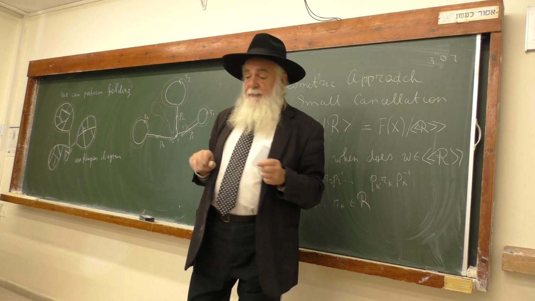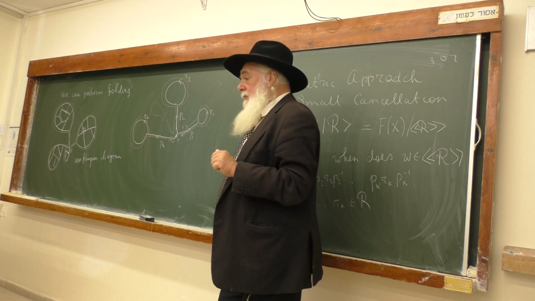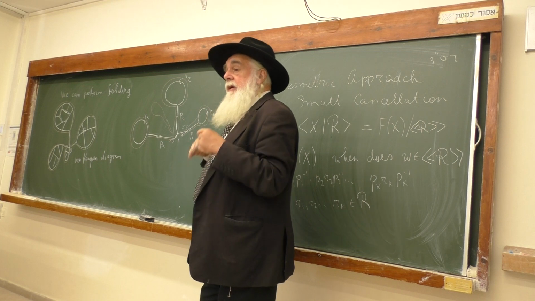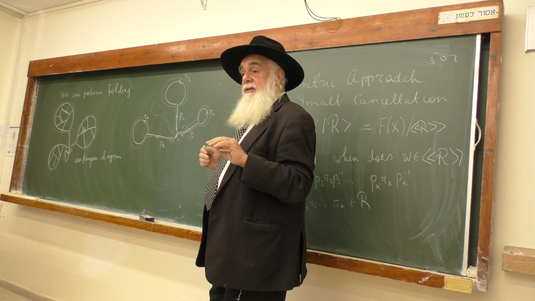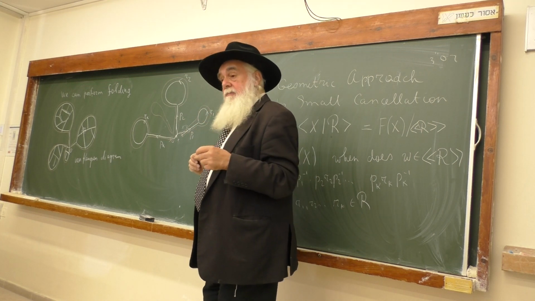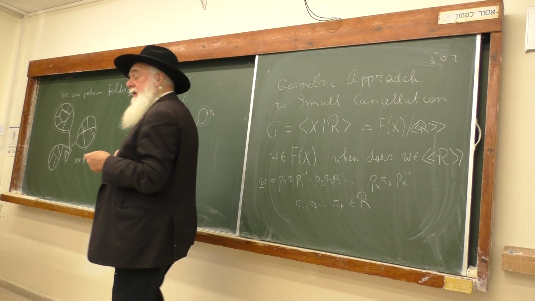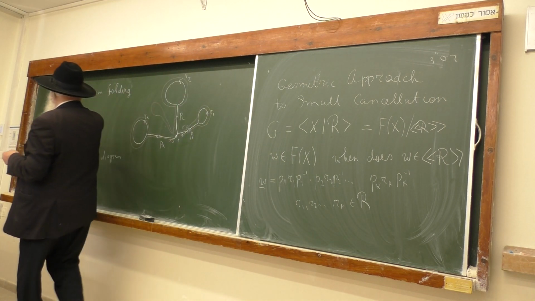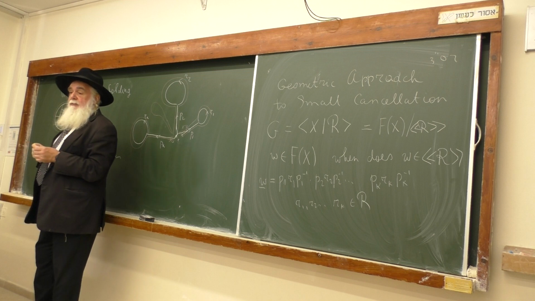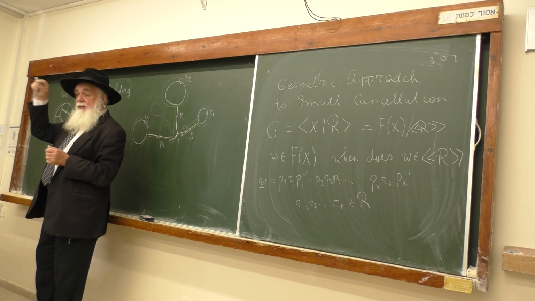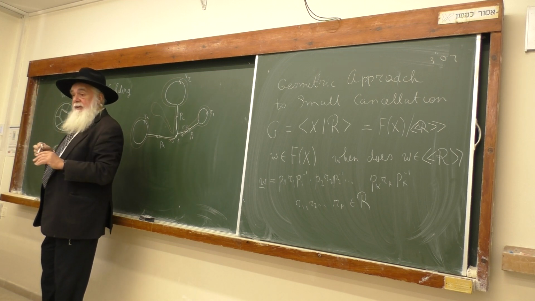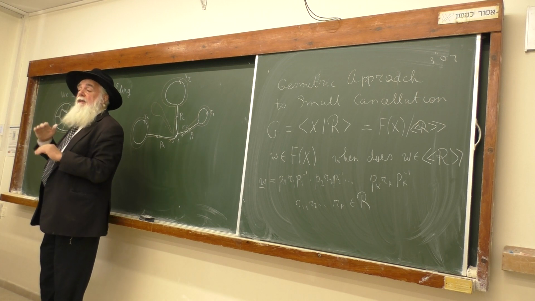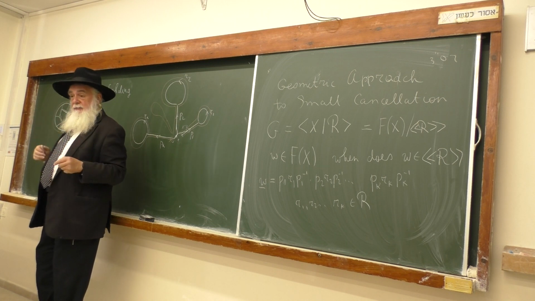Now, let us consider what the small cancellation condition means. It means that a common part of two relators must be small. If we have a measure on this relator, it should not be bigger than some epsilon.